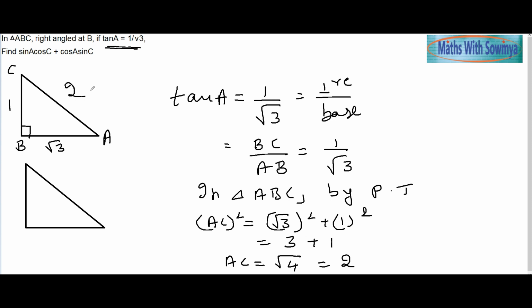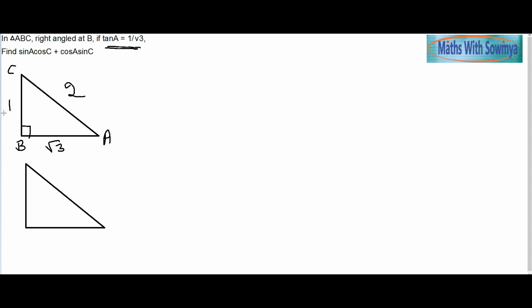Now, as we are asked for cos C and sin C, I made another triangle where B remains the same and A and C are interchanged. Hypotenuse does not change. AB is root 3, which comes here, and BC is 1, which comes here.